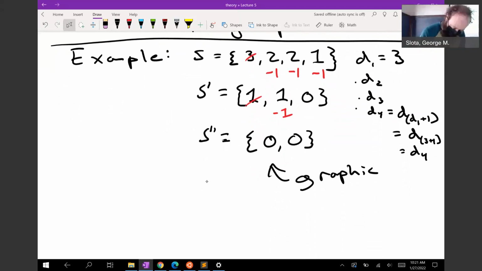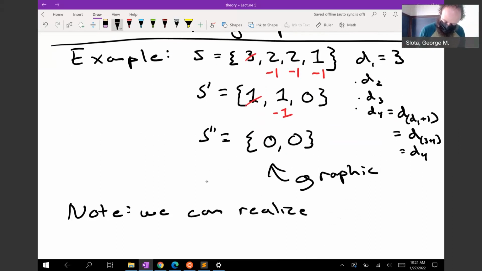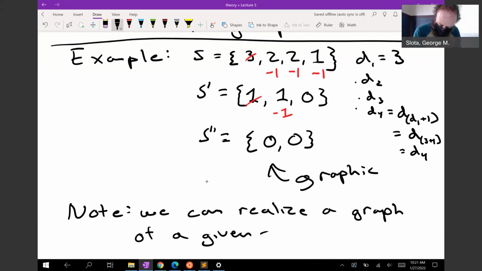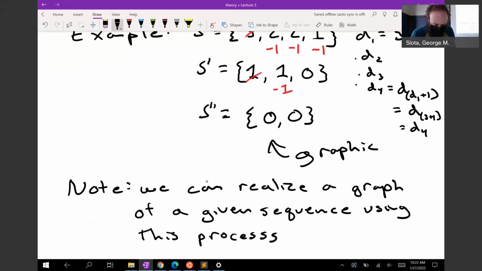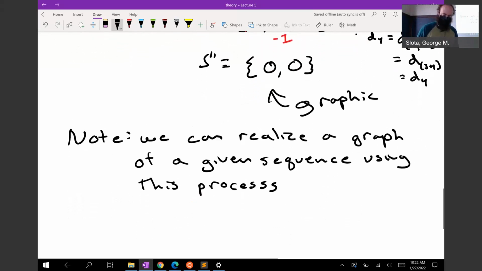So given a sequence, we can realize some graph explicitly.